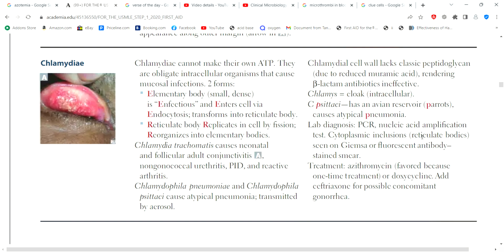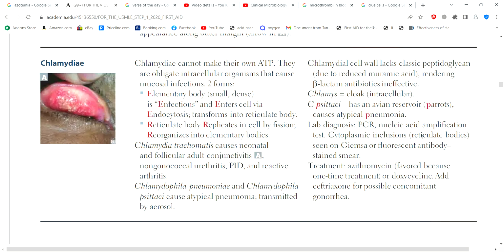So the inclusion body of chlamydia is the reticulate body.